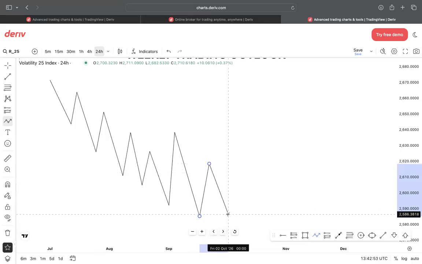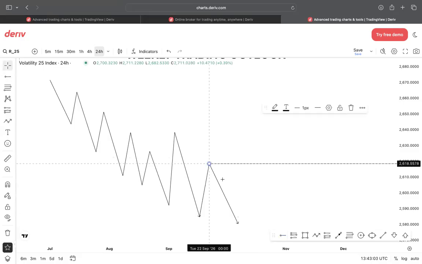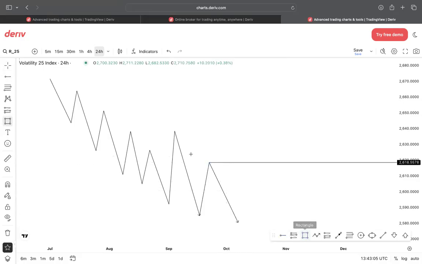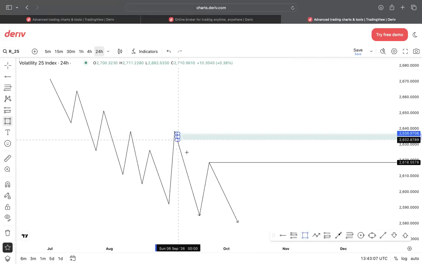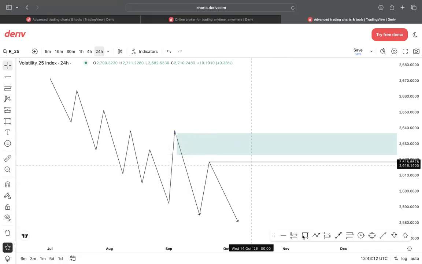Okay. And then we have the structural liquidity confirmation, which is a second break of structure. Okay. So this structural point is our structural liquidity. So we're basically waiting for price to take out our structural liquidity and then tap in this area and then go to the downside. It's as simple as this.